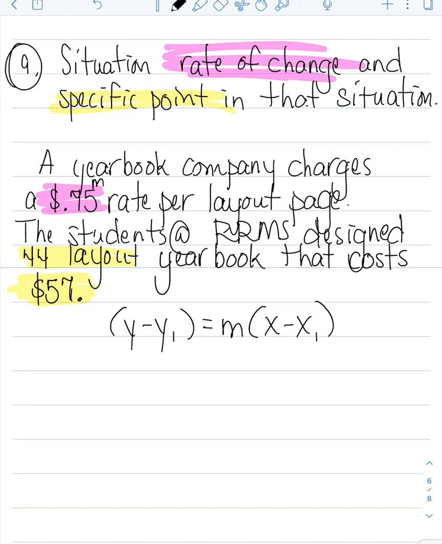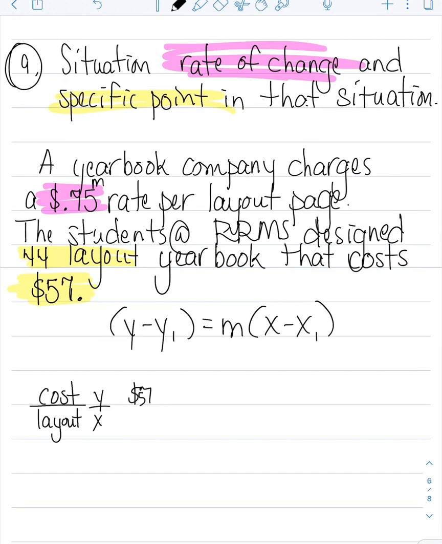So let's think about this. If my slope is cost per layout, I need to write this out. Cost per page or per layout page. Let's look. Remember, slope is change in y over change in x. Cost is $57 per 44 page layout.